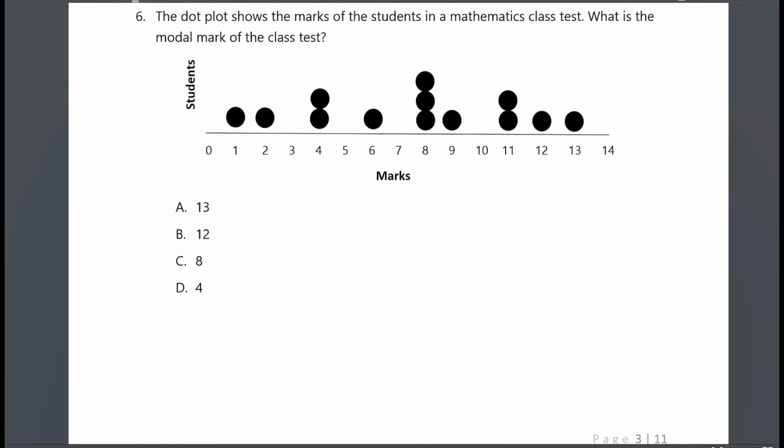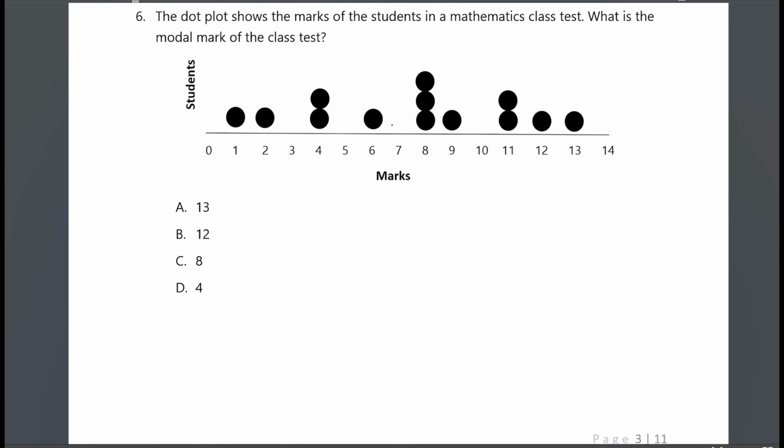But our goal here is to find the modal mark. So what then is the modal mark? So the modal mark, we are looking at the mark which the majority of the students in the class had. So the most frequent score in the test.